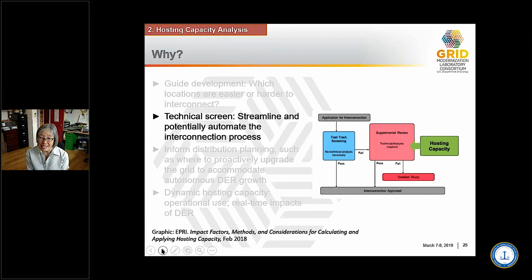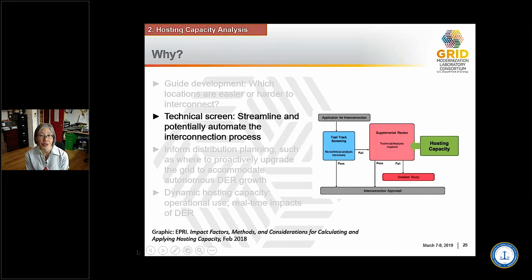For a lot of DER applications, the hosting capacity analysis and the maps are a sufficient and efficient proxy for the screens that utilities are using today. The California PUC's use cases for this process are interconnection streamlining and also distribution planning. So Carrie, if you go to the next slide.